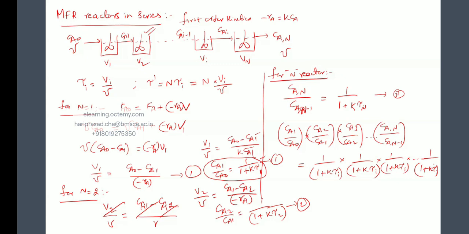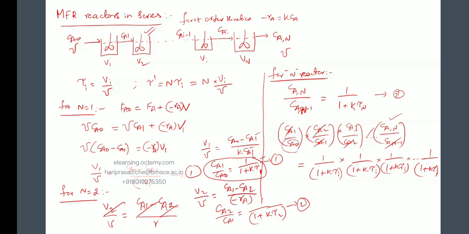When you observe the left hand side, Ca1 will get cancelled, Ca2 will get cancelled. Like that all the terms will get cancelled out, and even Can minus 1 and the previous concentration will also get cancelled out. So finally you are left with only Can and Ca naught. Remaining all get cancelled out because of the multiplication of n number of CSTR concentrations.